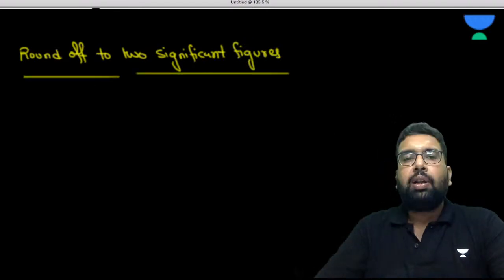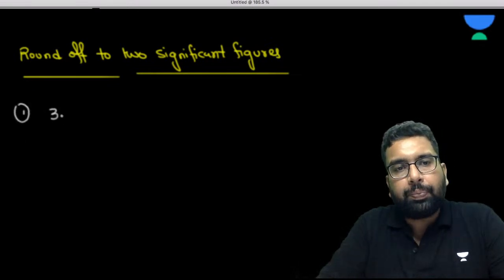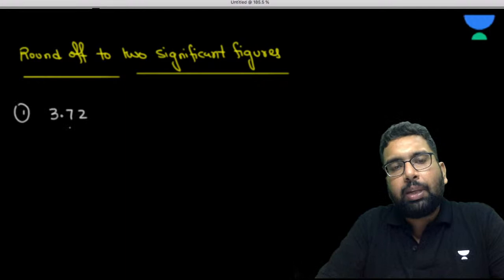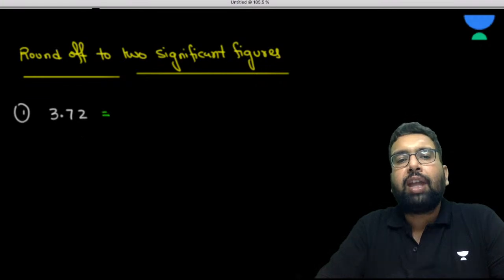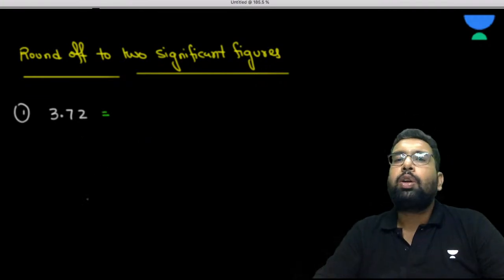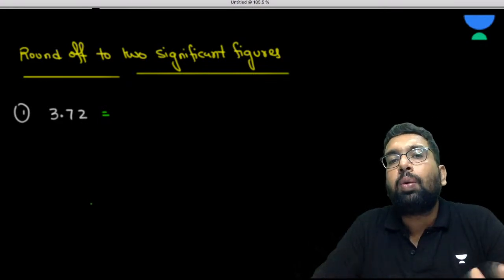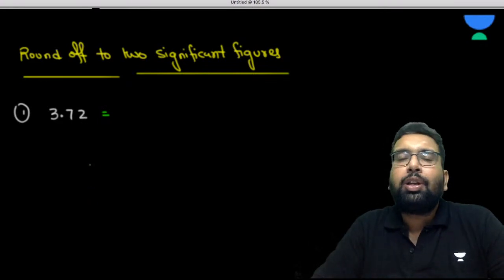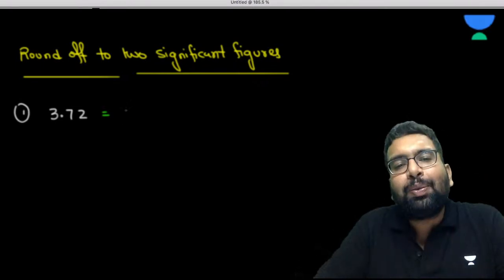Let's start with the first. Suppose we have 3.72. How many significant figures are there in this? We have three significant figures. We want to reduce it to two significant figures, so we need to do the rounding off. You would say, sir, this is very easy, it is going to be 3.7.